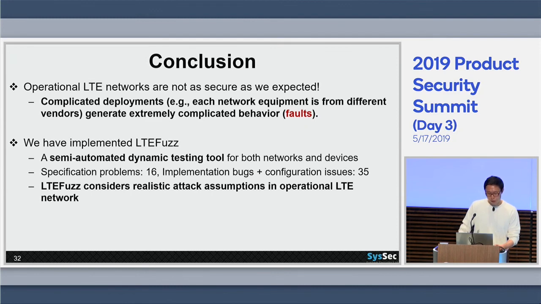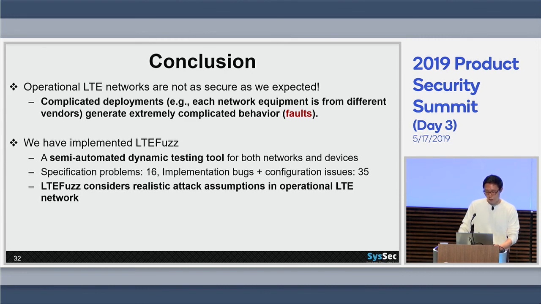Overall, we have to know that operational LTE networks are very, very complicated and not as secure as we expected. In a real operational LTE network, the carrier has different configuration parameters and deploys different network equipment from different vendors. Even within the same carrier, network equipment differs by service area. Also, the location of the tester and the victim can result in very different vulnerabilities on the same test case.